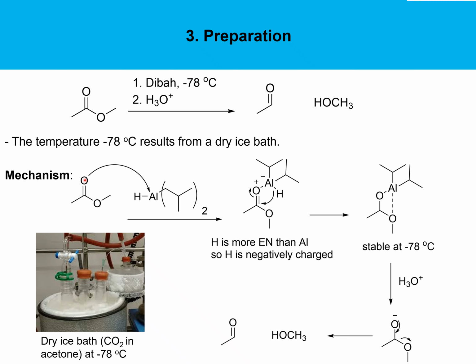The reaction typically starts by the carbonyl oxygen attacking the aluminum. The reason for this is we have lone pairs on this oxygen, which makes it a base, a Lewis base. Note that this oxygen also has lone pairs, so it's also a Lewis base, but this one is more basic.